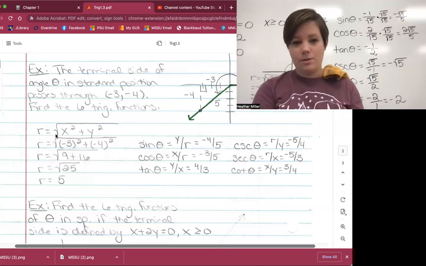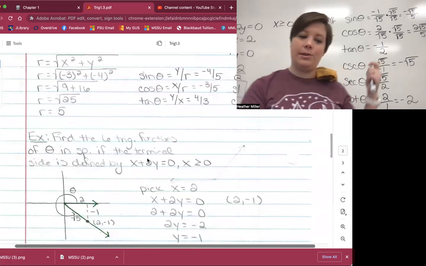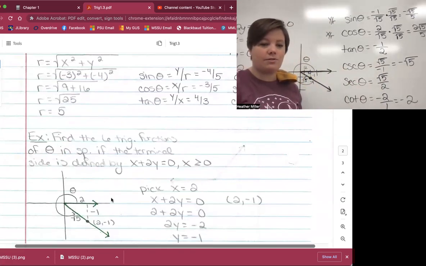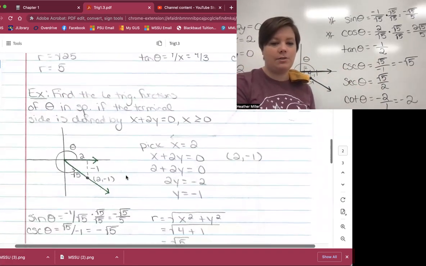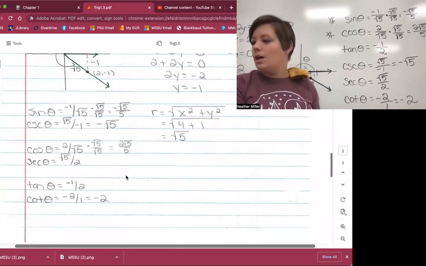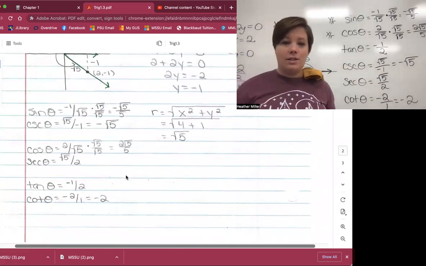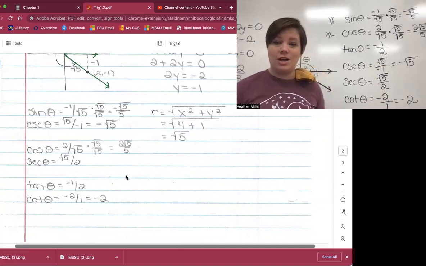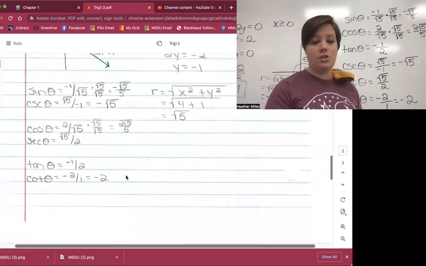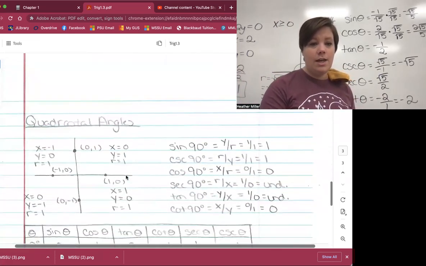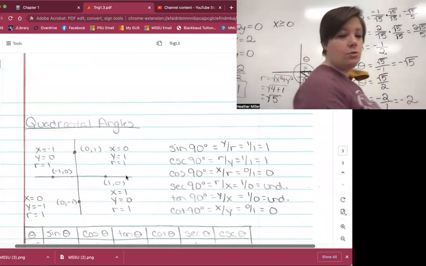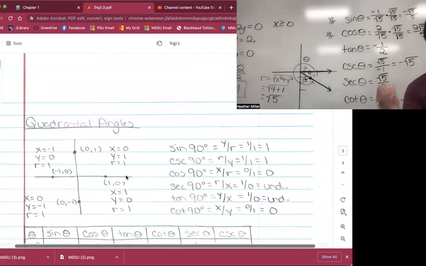And the pictures in my notes, I think, are probably a little bit better than on the board because I have different colors and you can kind of see it all laid out there. Okay. The last page of these notes is really just reference, and it's really just for you. It's talking about quadrantal angles. That's kind of a weird word.